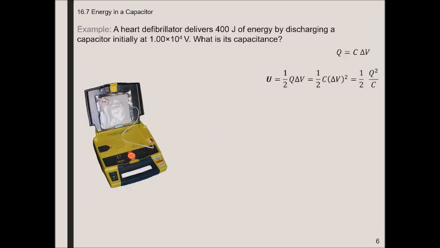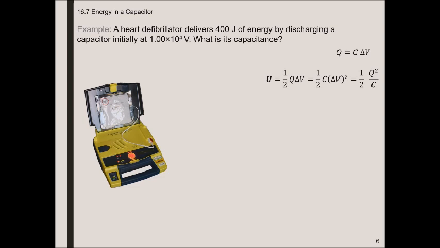And then here is a problem for you to go ahead and give it a try. So this is one of the applications. This is a defibrillator, and defibrillators need to charge up before they're ready to use because they're basically charging a capacitor so that it can deliver the right amount of energy, the right amount of voltage very quickly to the patient.